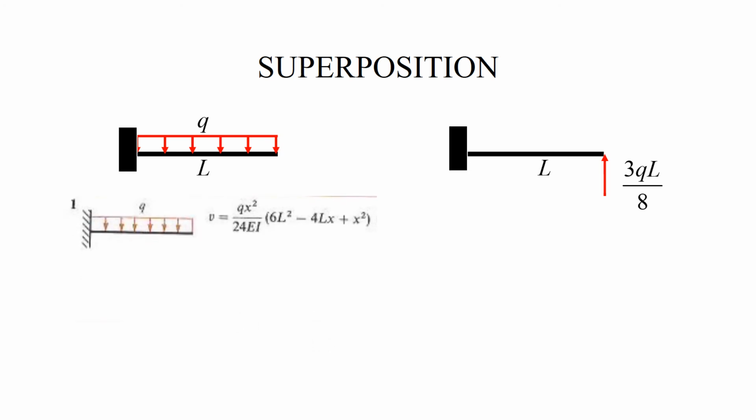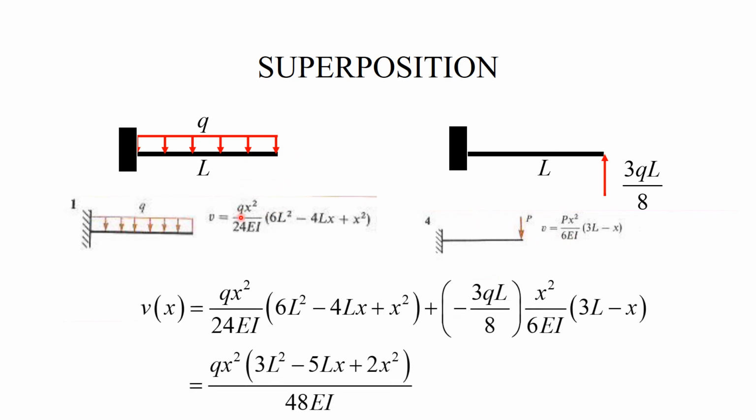So here's the table for v. Now I have a table for v due to the force, and now I can combine these two results, and that's what I get.